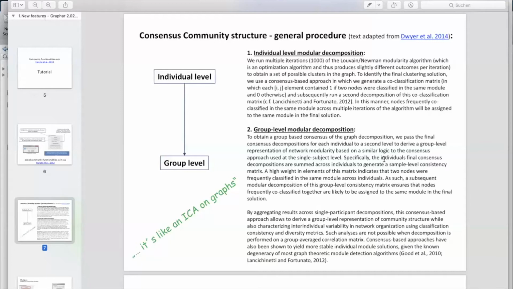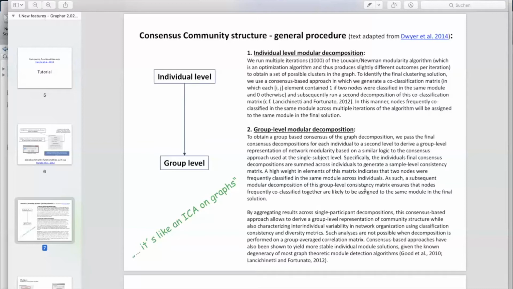And there are two advantages of this two-step consensus procedure. By aggregating results across single participant decompositions, this approach would allow to derive, as I just said, a group level representation, which is relatively stable. But because we have all the individual information also in there, it allows characterizing inter-individual variability in network organization using two different metrics, which are the classification consistency and diversity, which in the end will enable you to draw inferences about the importance of specific brain regions with respect to their role in their functional module.